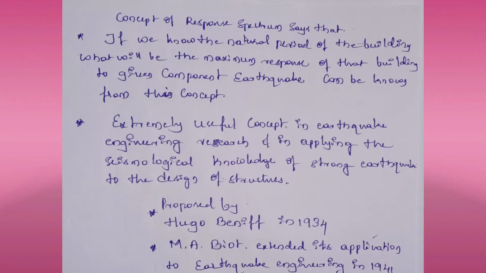This concept says that if we know the natural period of a building, the maximum response of that building to a given component of earthquake can be known from this concept.